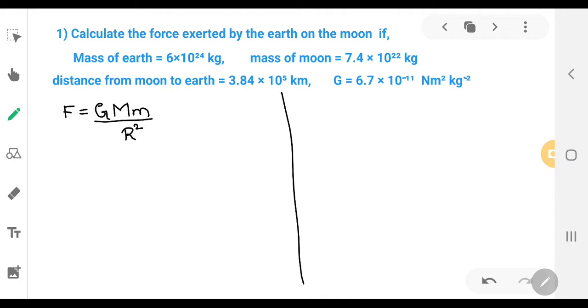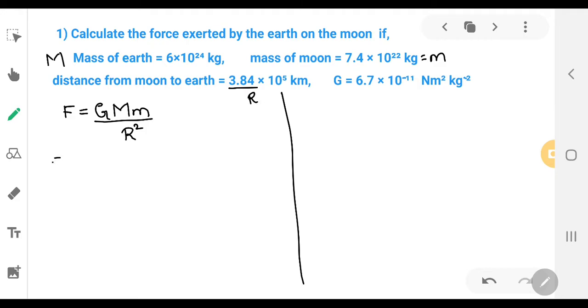So what are the quantities given? Mass of the earth is capital M. Mass of the moon can be taken as small m. And the distance between moon and earth is taken as capital R.